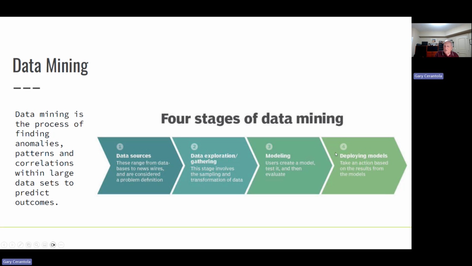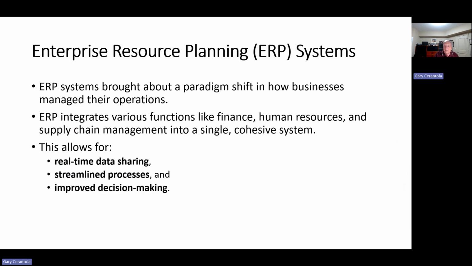All right. So that's in terms of storage. And so understand what an ERP is, an enterprise resource planning system. So this allows for real-time data sharing, streamlined processes, improved decision making.